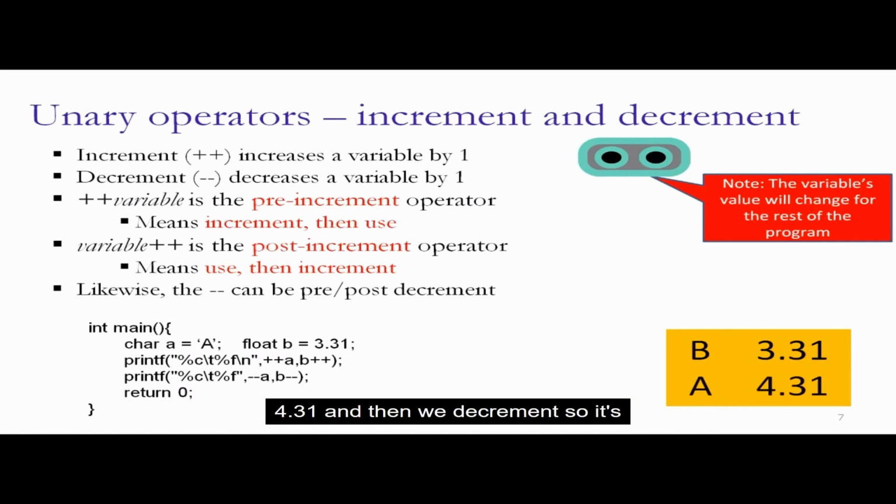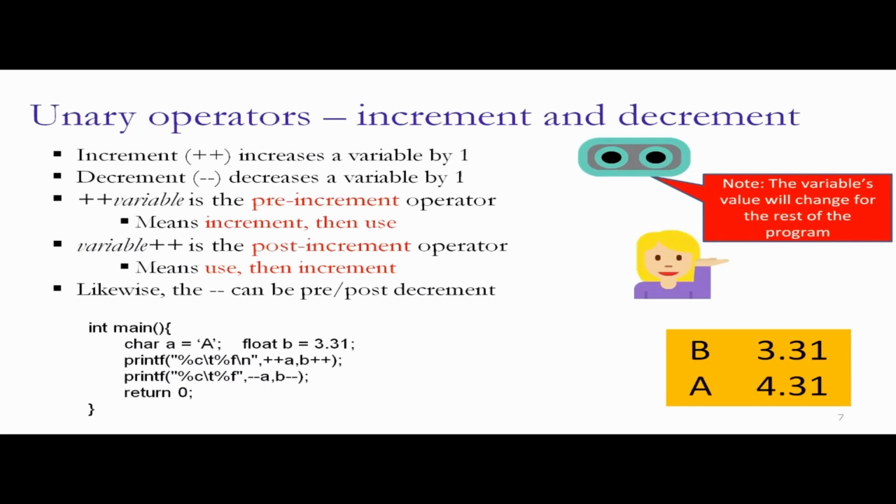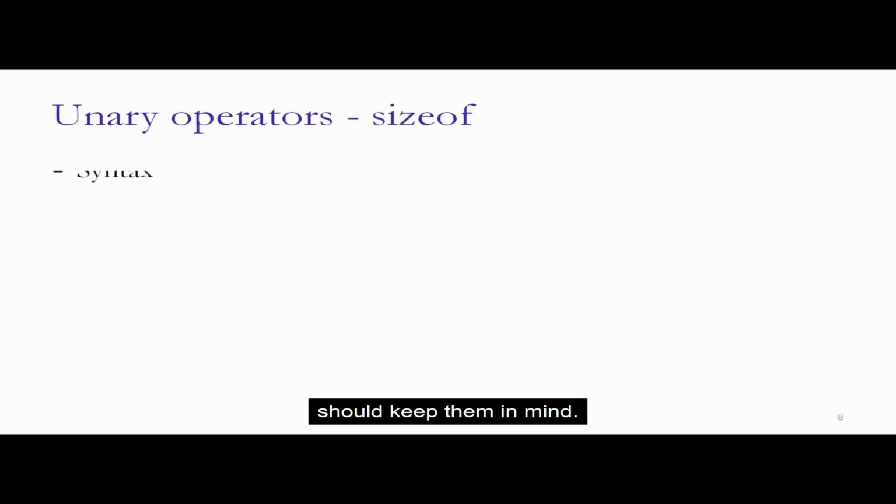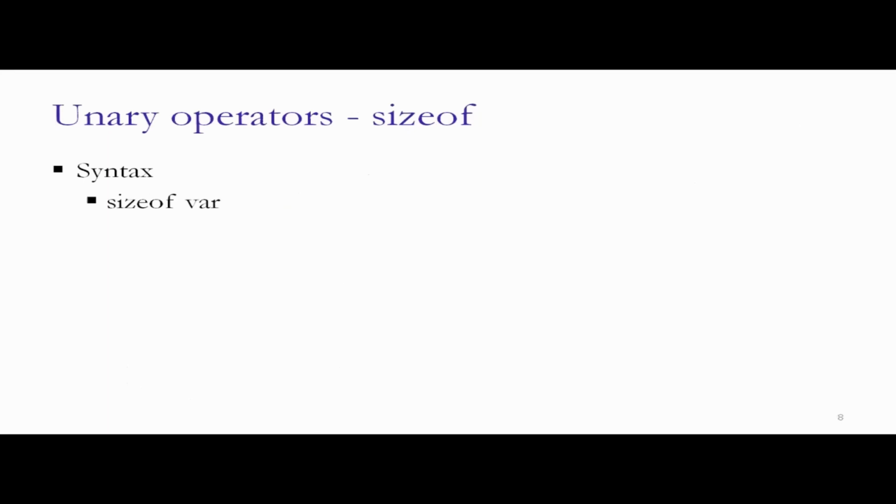So we print 4.31 and then we decrement such that after this statement is executed, the value in char A is A and the value in float B is 3.31. Now these operators work with all data types with no exceptions, and so you should keep them in mind.